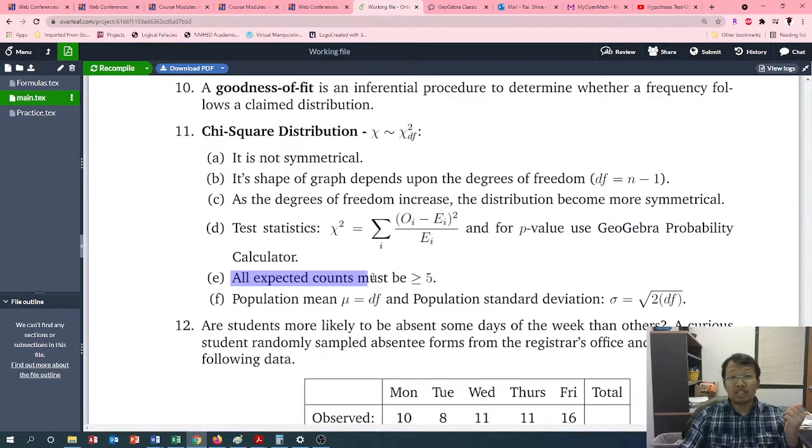To use this chi-square test, we must acknowledge that all the expected counts must be greater than or equal to 5. For this distribution, the population mean is the degrees of freedom, and the population standard deviation is the square root of twice the degrees of freedom.